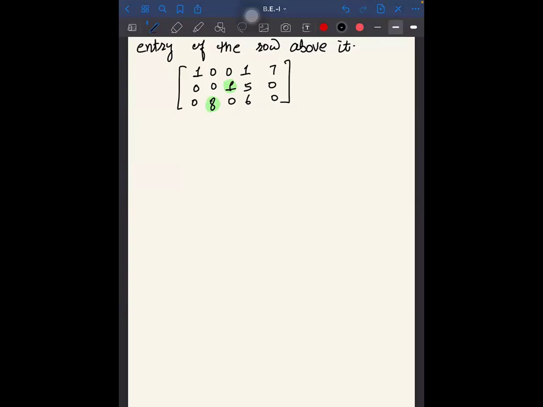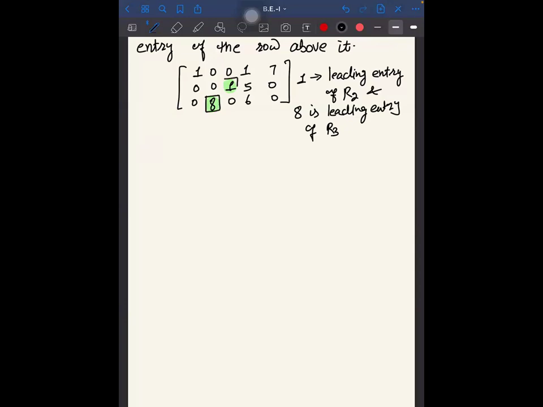So 1 is the leading entry of R2 and 8 is the leading entry of R3. Now, what does the second property say? It says that if you have a leading entry, then it should always be to the right of the leading entry in the row above it. Now, is it to the right of the row above it? No, it is on the left side.